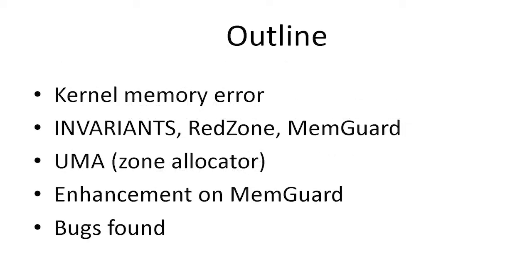First, I will talk about the background of this work. This work is about detecting kernel memory errors, and what the current facilities in the kernel are to detect these kinds of memory errors, which are INVARIANTS, RedZone, and MemoryGuard. And what is UMA?